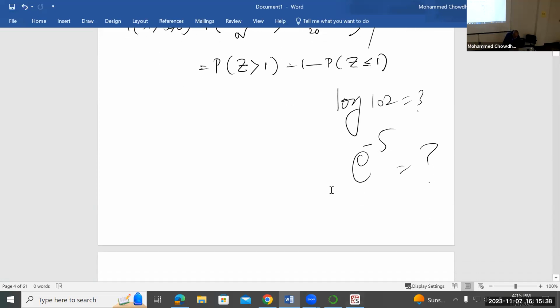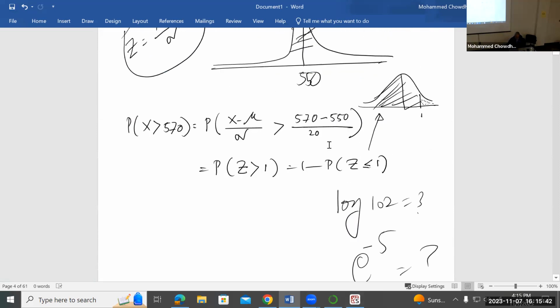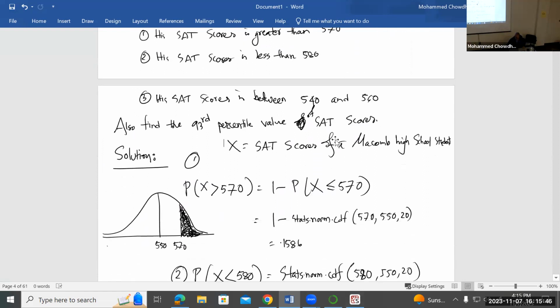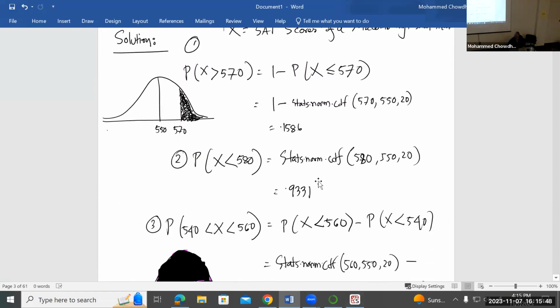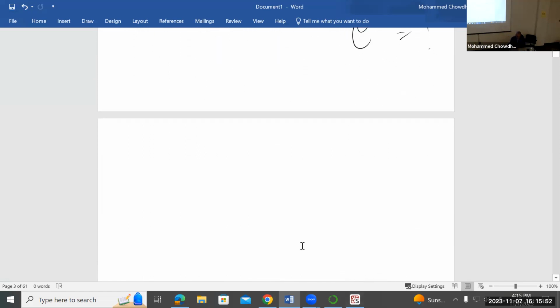Okay, now the inverse problem. What is the inverse problem? Find the 93rd percentile of the SAT score. That means you have to find A such that the probability of X less than A equals 0.93. 93rd percentile, clear?